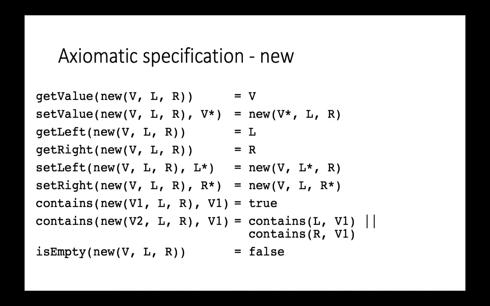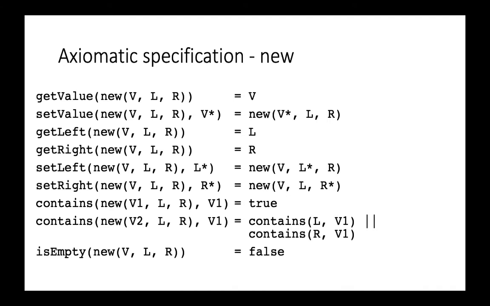And now we see why having an empty tree type helps us. Because when we get to contains, where we say, do we have a v1 inside a construction of a tree? The nice thing here is that we can define its axiomatic specification. The equivalence is essentially a recursive call for finding v1 on the left-hand side or v1 on the right-hand side.